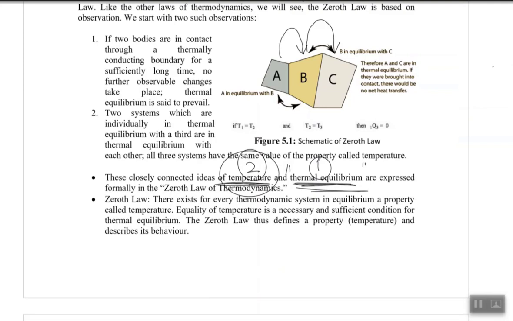So formally, zeroth law: there exists in every thermodynamic system an equilibrium, a property called temperature. An equality of temperature is a necessary and sufficient condition for thermal equilibrium. The zeroth law thus defines a property called temperature and describes its behavior.